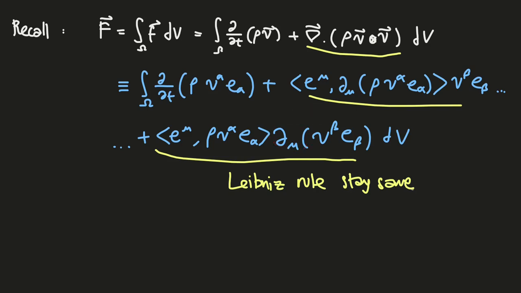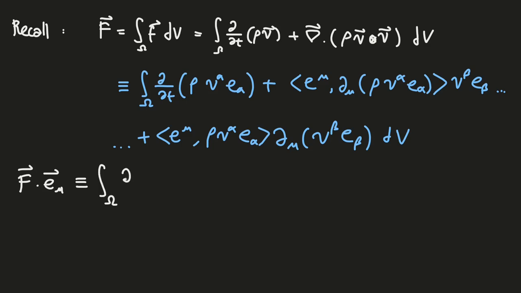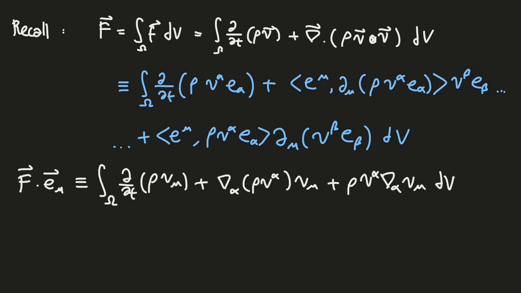Taking the dot product like this is equivalent to this integral, which relates to a generalized dot product or inner product. So the right-hand side integral in index notation is just like this.